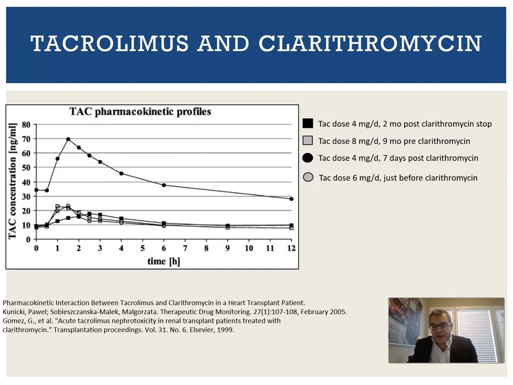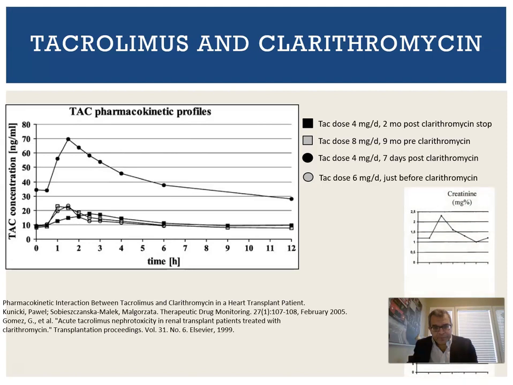As you can see in this graph here, this is the low concentration, okay? So this is tacrolimus with no clarithromycin. And this one is tacrolimus with clarithromycin, 7 days post-clarithromycin. The concentration is significantly increased. And if you look here, in a patient, tacrolimus concentration actually parallels serum creatinine.